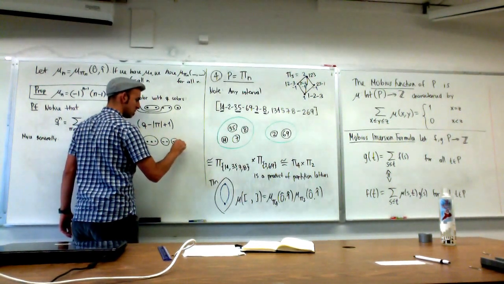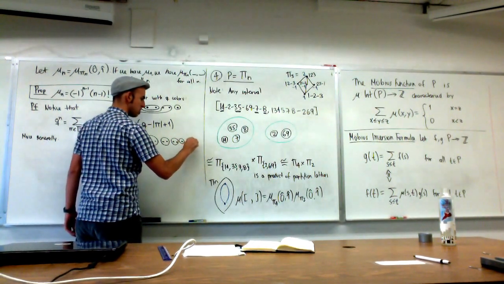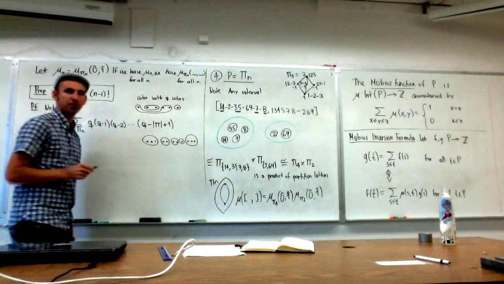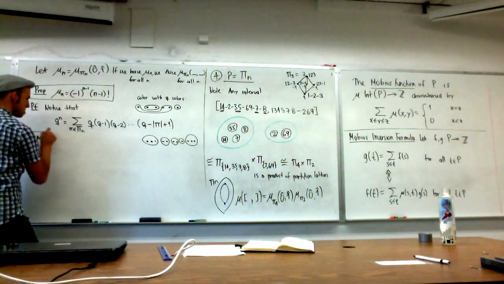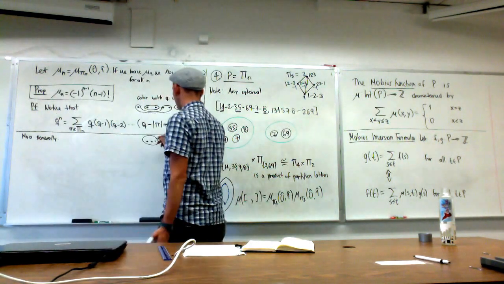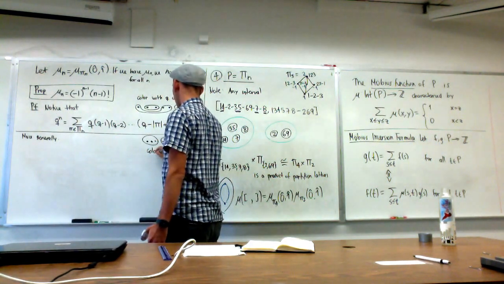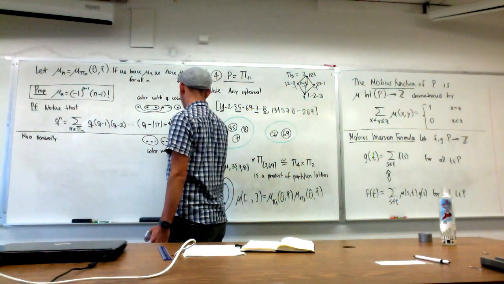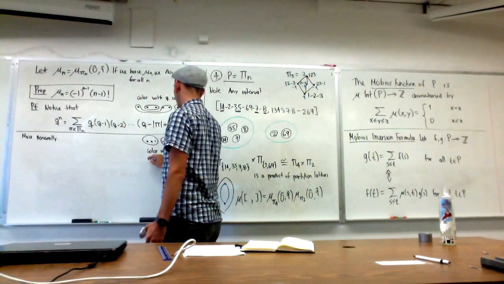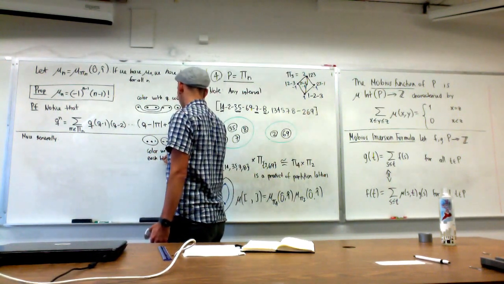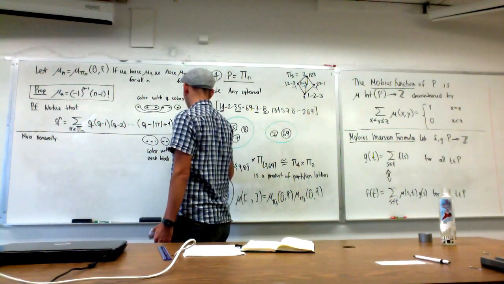Maybe this guy is alone. Like that. Okay? And now I want to color with Q colors so that each block gets the same color. Each block is monochromatic.